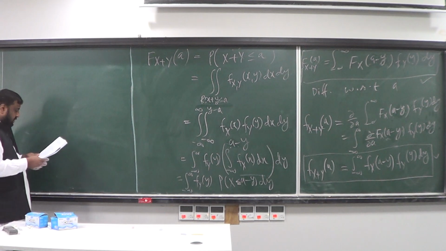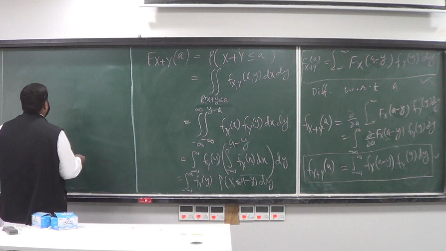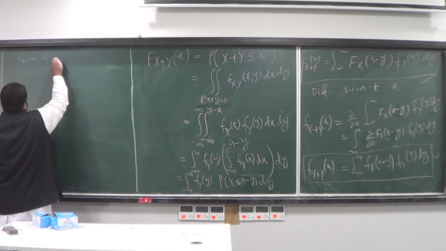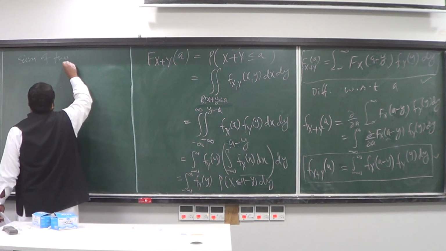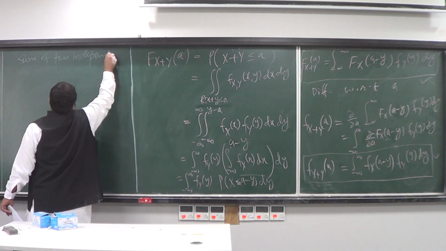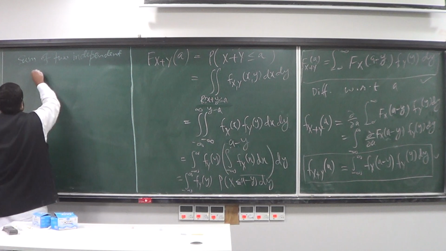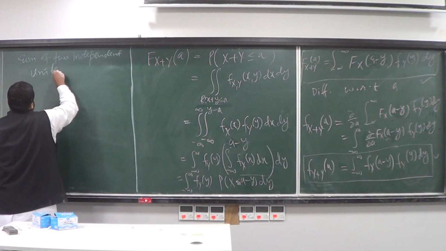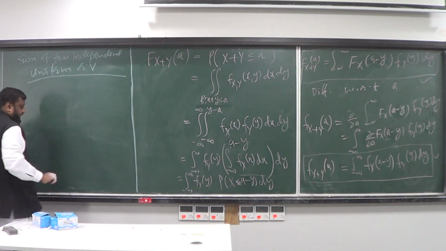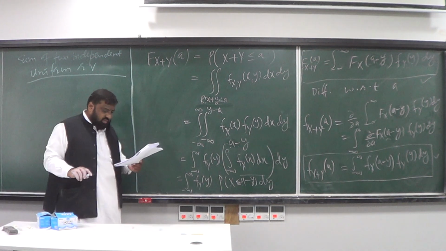Okay, so let's just start with the sum of two independent uniform random variables.